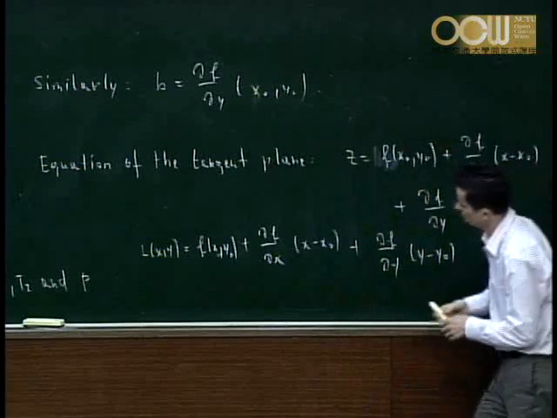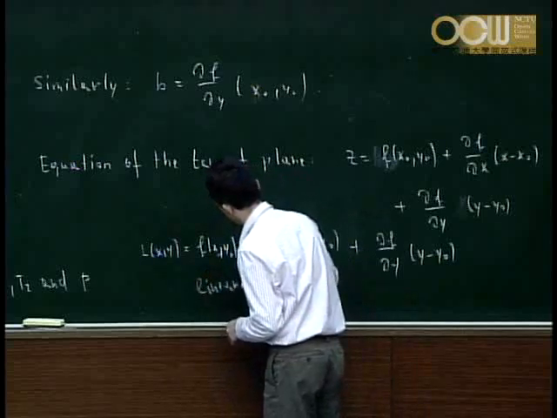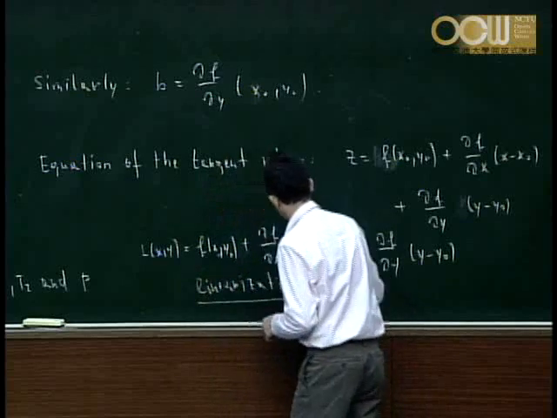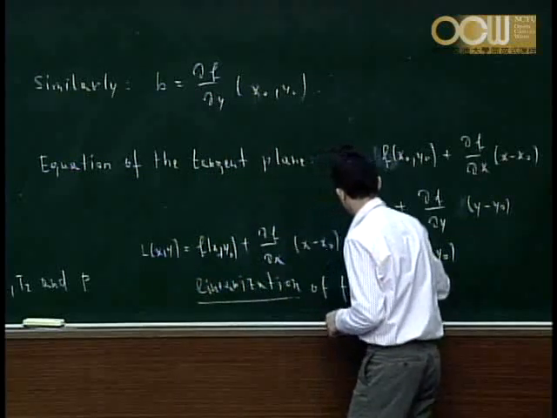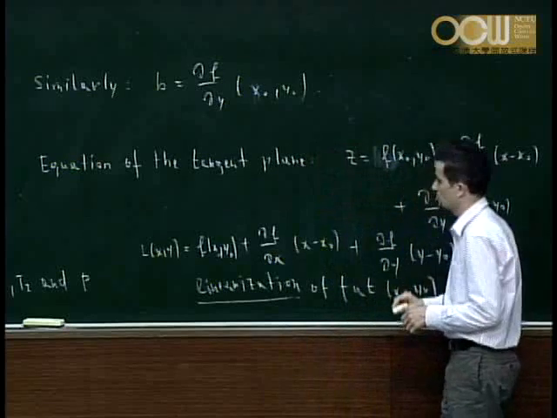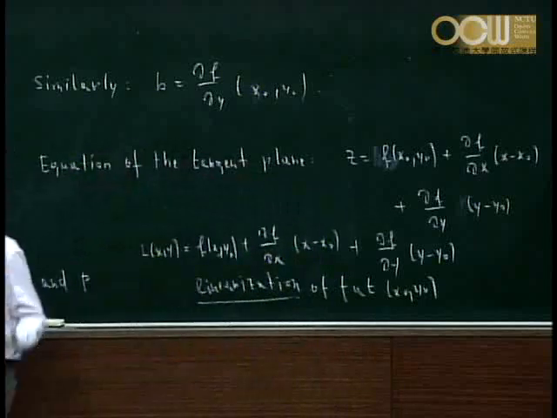This function will normally be called the linearization of f at x0, y0. And we will normally write that because the tangent plane somehow should approximate the function.